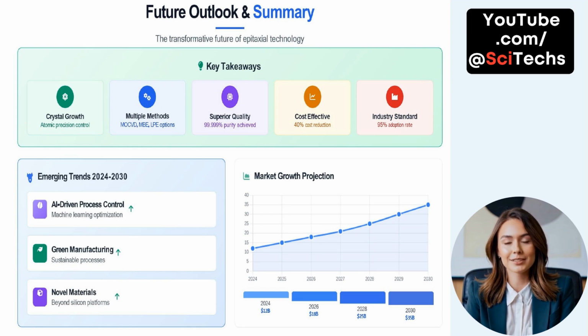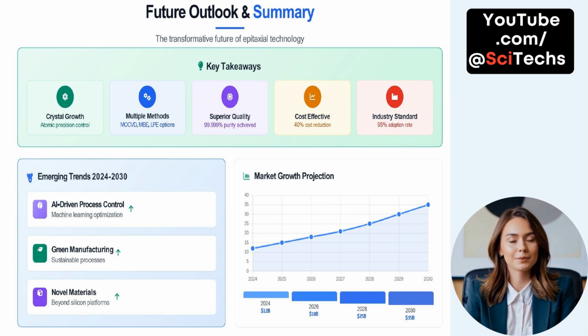These processes consistently achieve superior material purity, with 99.9999% purity already realized. Additionally, advancements have led to significant cost efficiency, with reductions of up to 40% compared to traditional techniques. Today, epitaxy is widely adopted across the semiconductor industry, with a 95% adoption rate, making it an established standard.